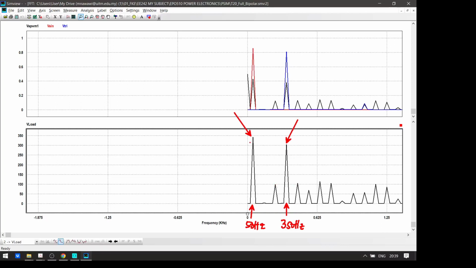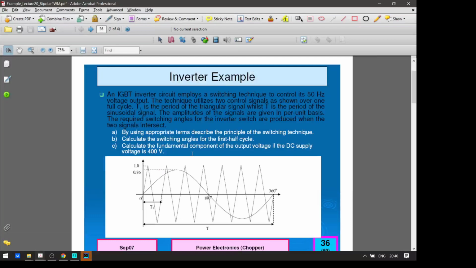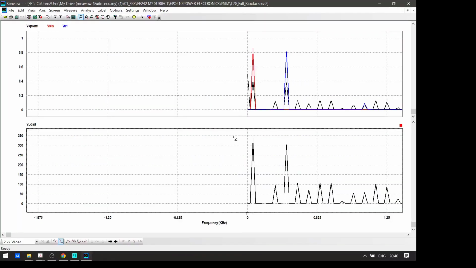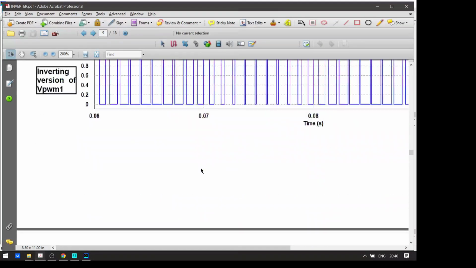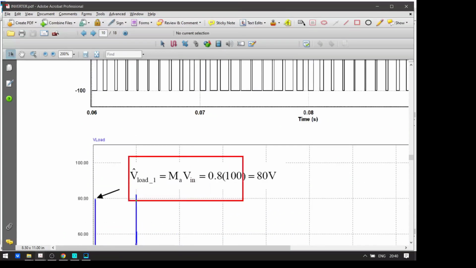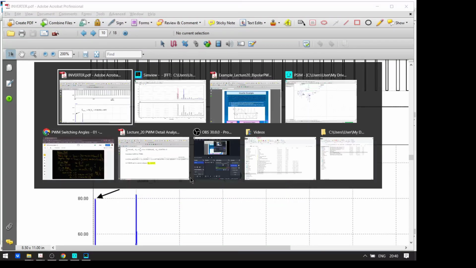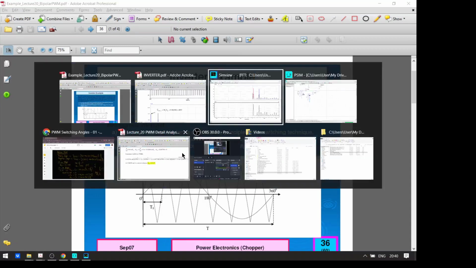The question asks what will be the amplitude of the fundamental component, so let's look at the equation. If you refer back to the notes, this amplitude can be calculated using this equation. The modulation index is 0.86, isn't it? Then just simply multiply by 400 volts because this is a full bridge.